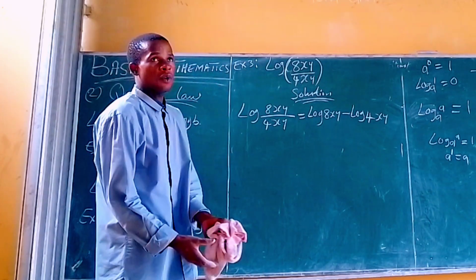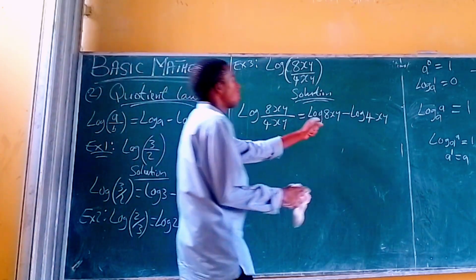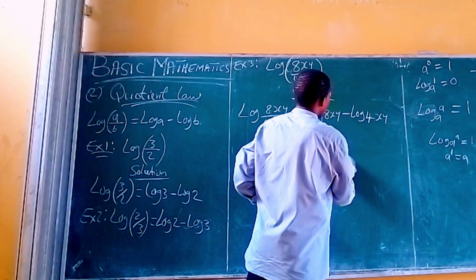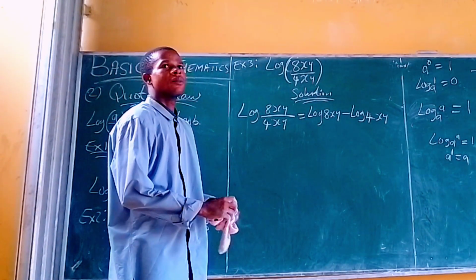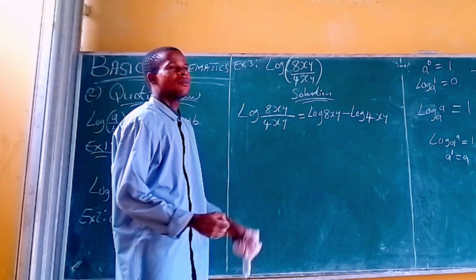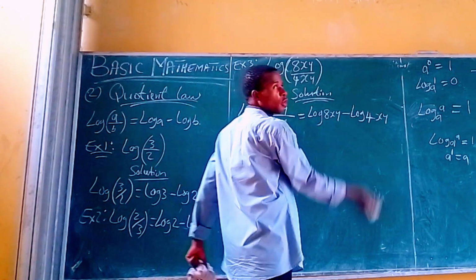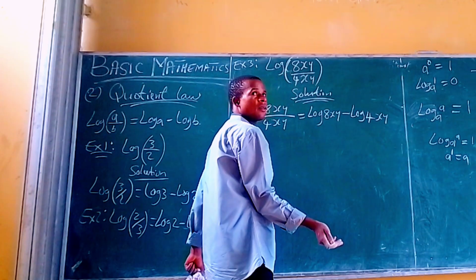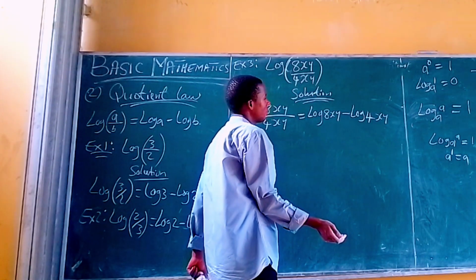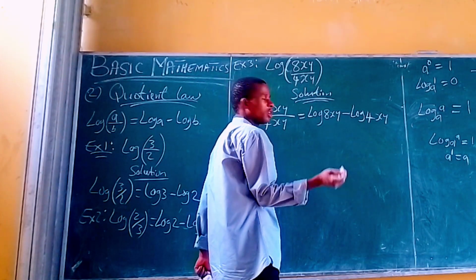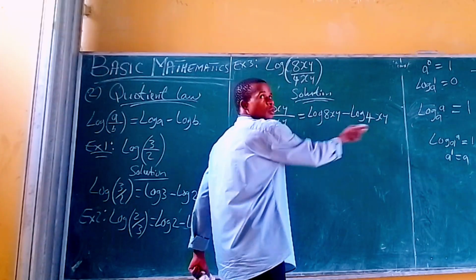But you can still simplify it further. This is the right way of solving this, but for us to simplify it further, what are we going to use? This is already in the form of a product.